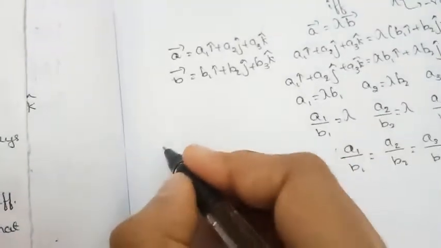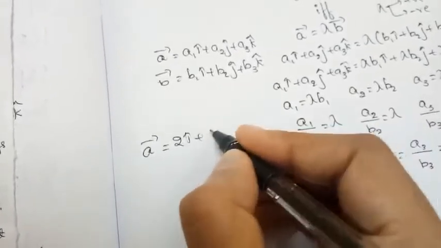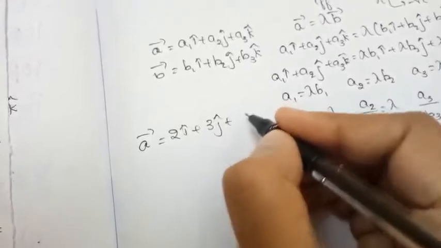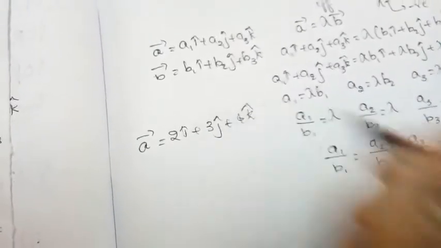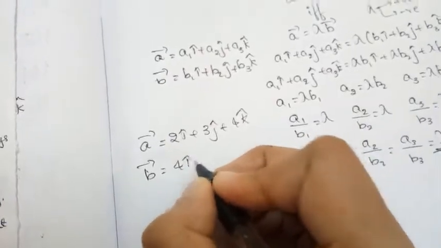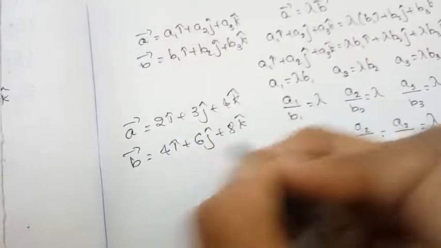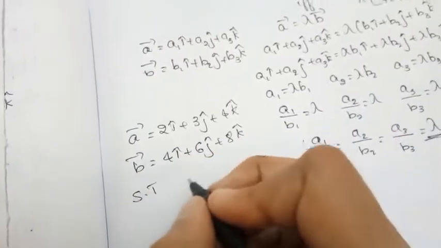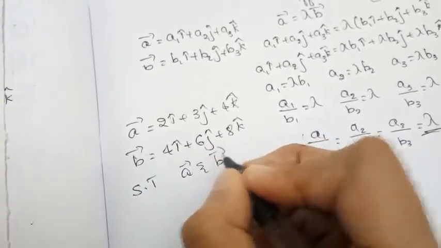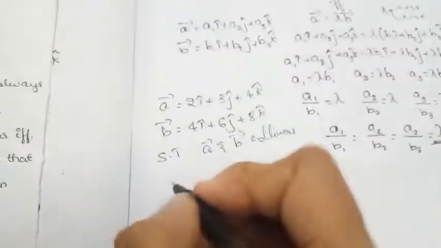Suppose they have given vector A equal to 2i cap plus 3j cap plus 4k cap, and vector B equal to 4i cap plus 6j cap plus 8k cap, and asked you to show that vector A and vector B are collinear. How are we going to show that these two vectors are collinear?